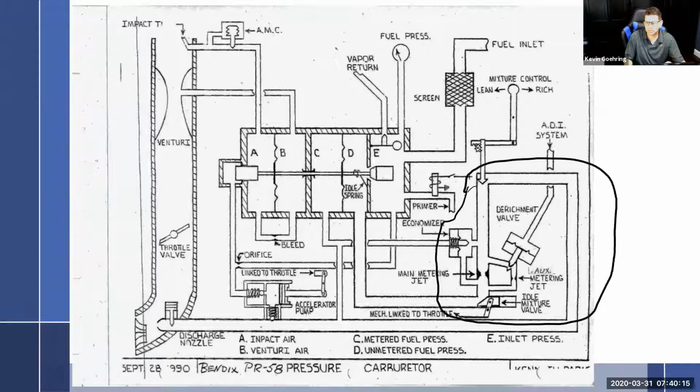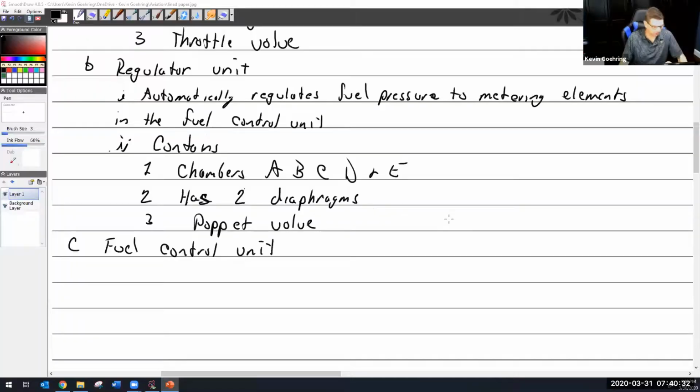I'd make this my fuel control unit because it contains the idle mixture, the metering jet, derichment, economizer, and most importantly, the main metering jet. And sure, why not the mixture control? So, fuel control unit.